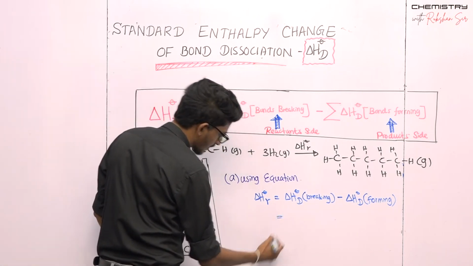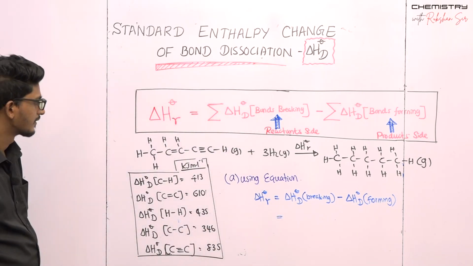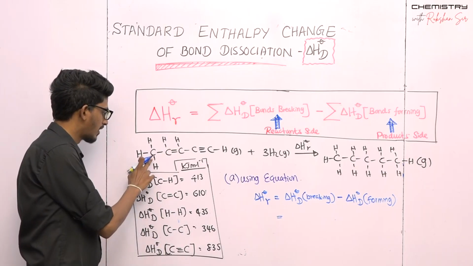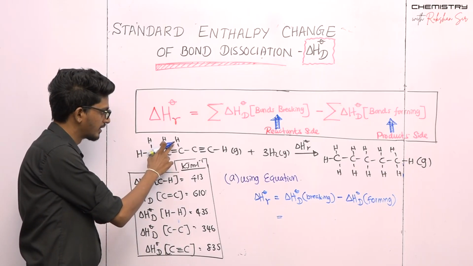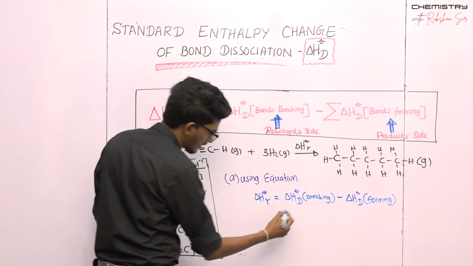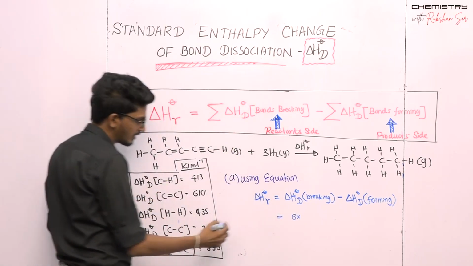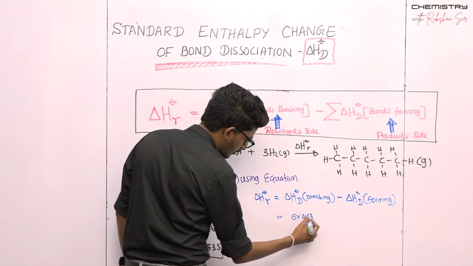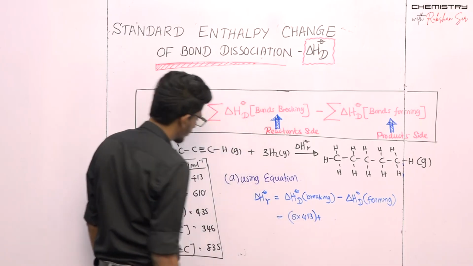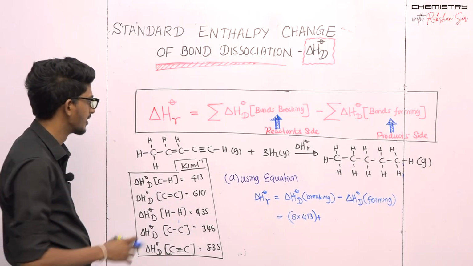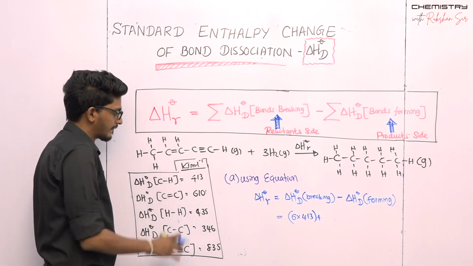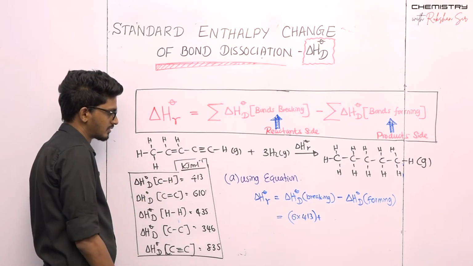Apply the numbers now. Substitute numbers. Bonds breaking. What are the bonds breaking here? So you have 1, 2, 3, 4, 5, 6 C-H bonds. 6 into C-H bonds. A C-H bond carries 413, so 6 into 413. 6 C-H bonds to be broken. Bonds breaking appears at the reactant side.